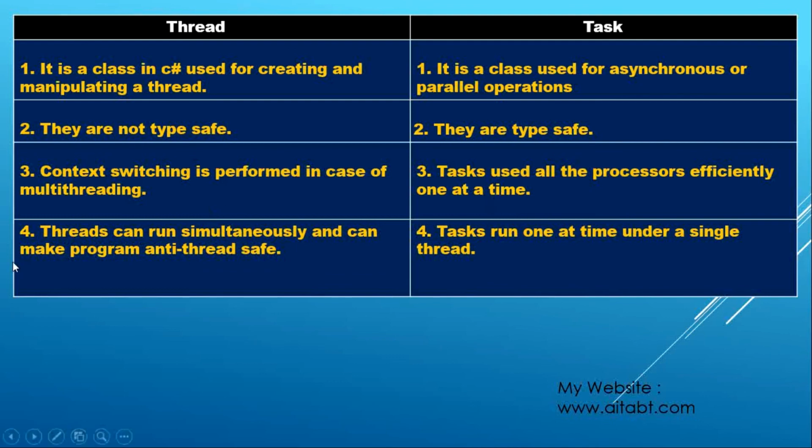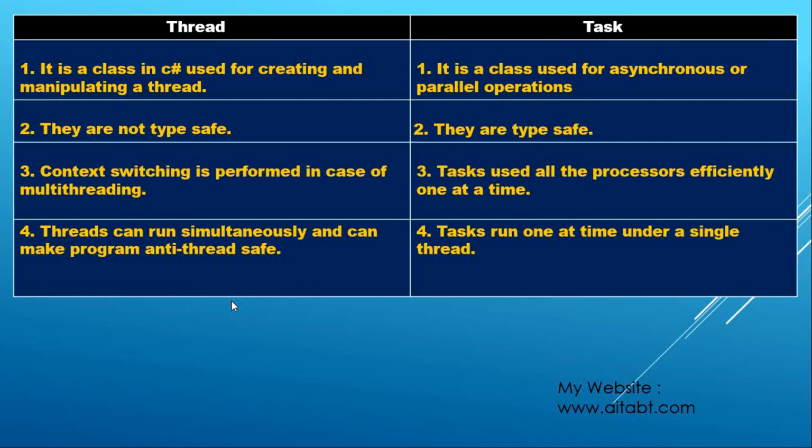And the fourth point, that is threads can run simultaneously and can make a program not thread safe, and that we have learned while learning threading. We have seen that in the example of accounts, in the withdraw and deposit process, if we don't use lock and monitor, then that operation will not be thread safe, and threads can simultaneously perform deposit and withdraw, which is dangerous.